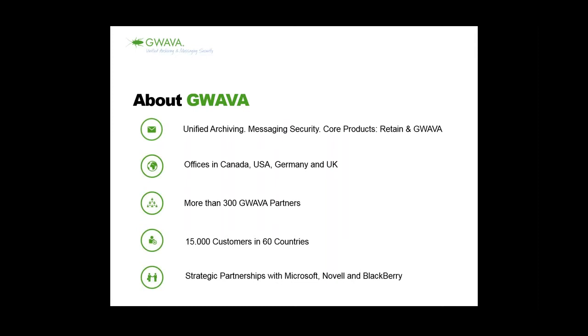We have about 300 Guava channel partners who are selling our software, and about 15,000 customers in over 60 countries around the globe. We have strategic partnerships with Microsoft, with Novell and BlackBerry, because we have different connectors inside our solution, and we can do unified archiving of different platforms into one single archive system.